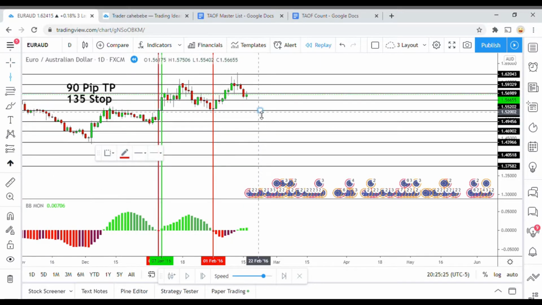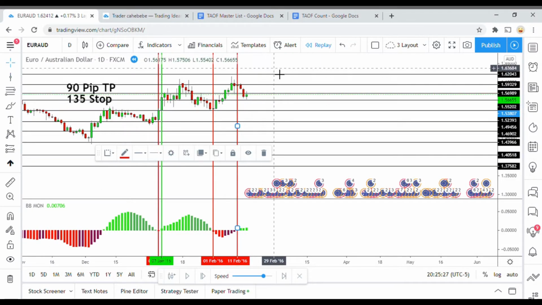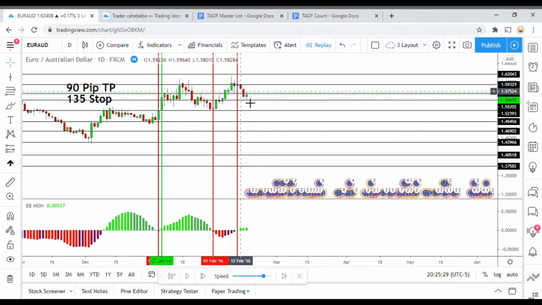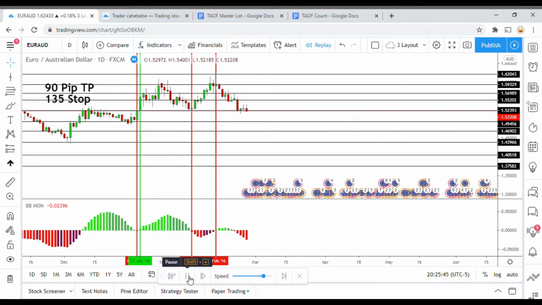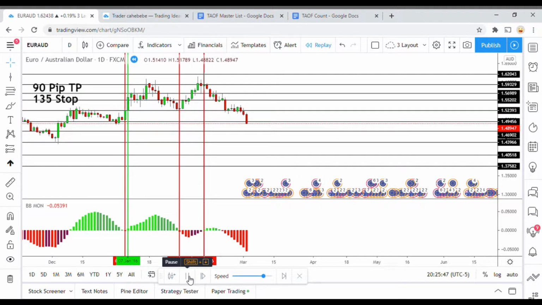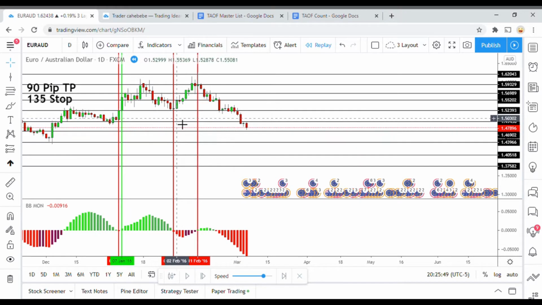We get a long signal over here, and it almost immediately drops out on us. Let's go ahead and play it forward and see if this thing does make its way down or if it does stall out here a little bit and then start to punch its way back up. Not really sure what's going to happen, but let's see. So it pulled its way down.